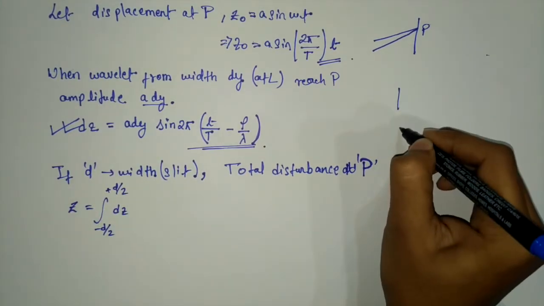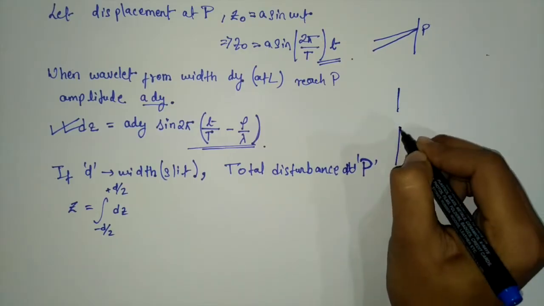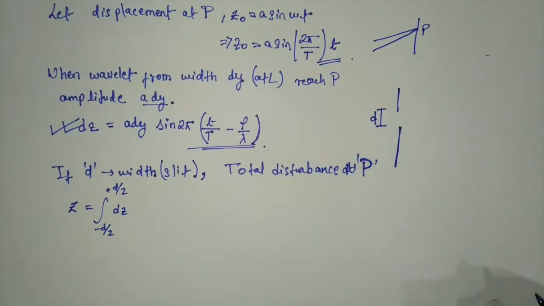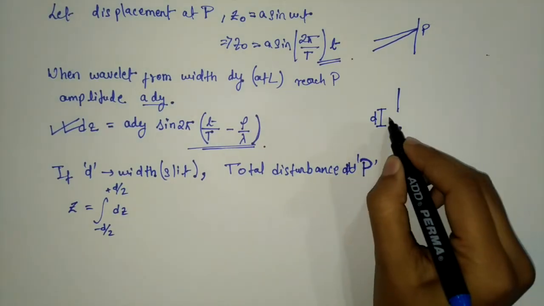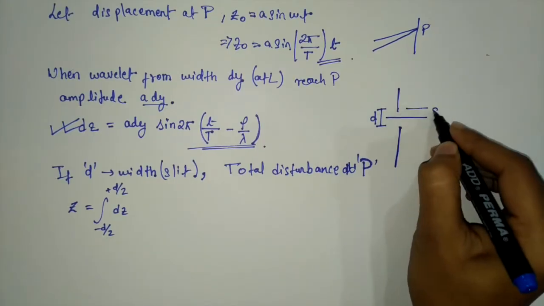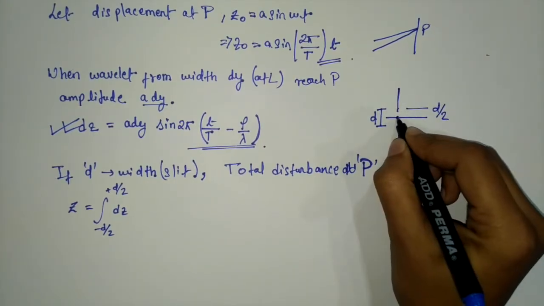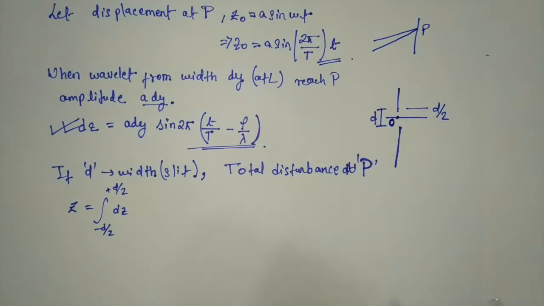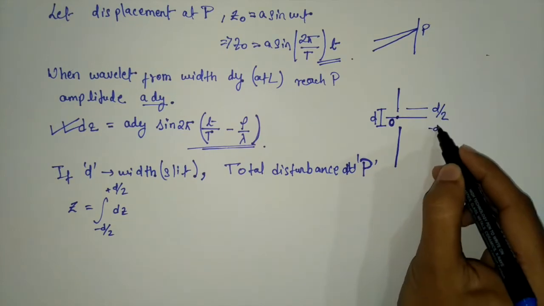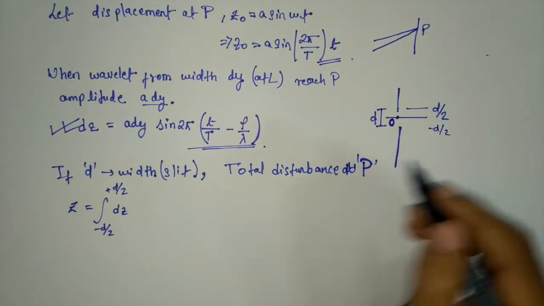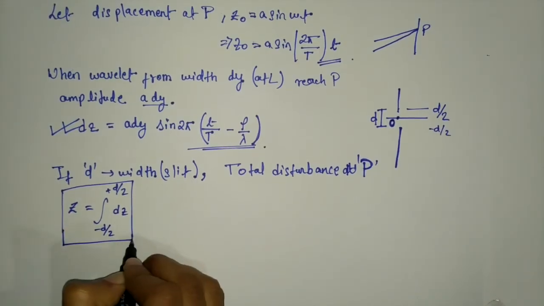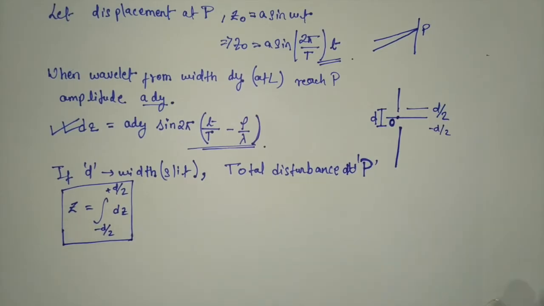Since the length of the slit we have considered it as d, that I have shown you in the previous diagram, the half of it will be d by 2. Since we are considering here O as a reference point, the distance will be minus d by 2 to plus d by 2. So we are integrating to get the value of Z here. So let us see what we finally get.